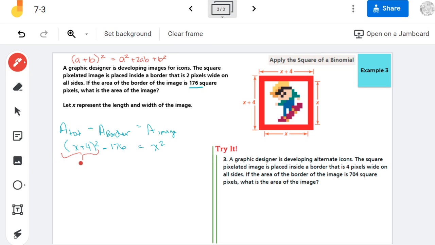My a term is x, so I have x squared plus 2 times a times b. So x times 4 is 4x. Times that by 2, I get 8x. And then plus b squared, so plus 16.